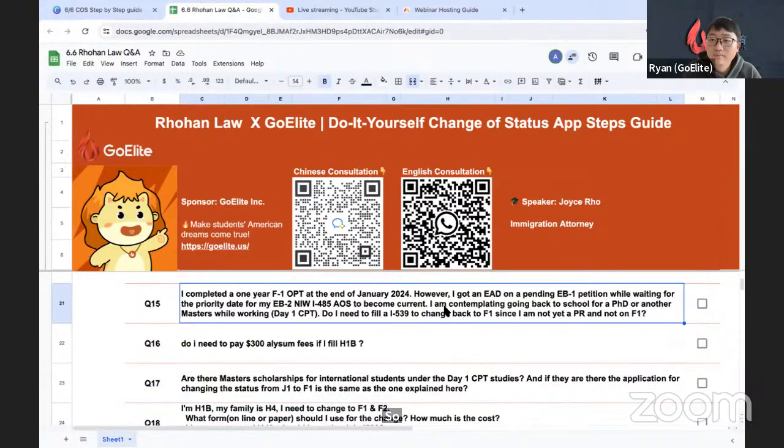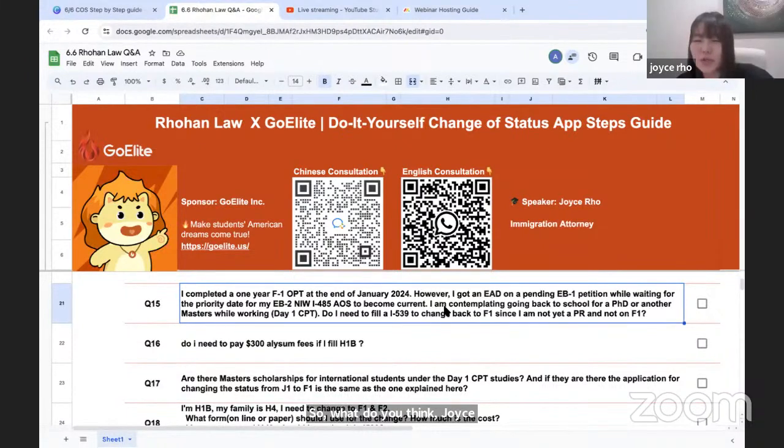Yeah, I do see this kind of situation recently, and then they are on the green card application process. They're almost done. They already filed I-485, and then they got the EAD card, but somehow their non-immigrant status is going to be terminated soon. So they are considering a change of status to maintain their non-immigrant status. So I gave two pieces of advice.